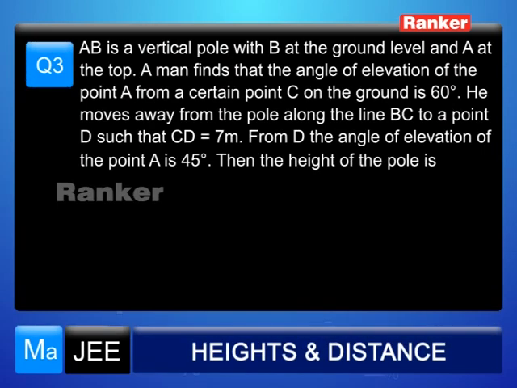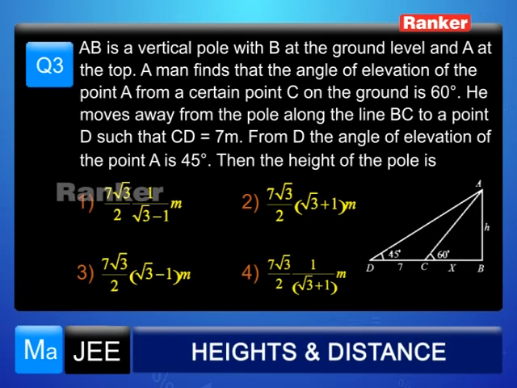AB is a vertical pole with B at the ground level and A at the top. A man finds that the angle of elevation of the top, that is A, from a certain point C on the ground is 60 degrees. He moves away from the pole along the line BC to a point D, so that CD is equal to 7 meters.